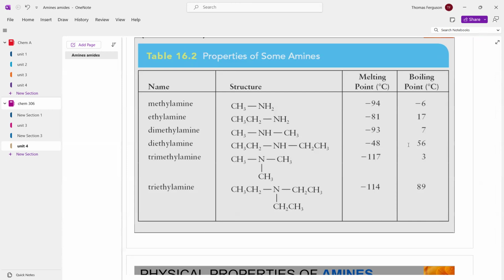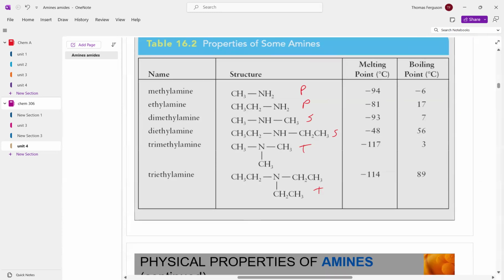But the boiling points don't necessarily follow that trend. So you're looking at a primary, primary, secondary, secondary, tertiary, tertiary. So those jump around quite a bit.